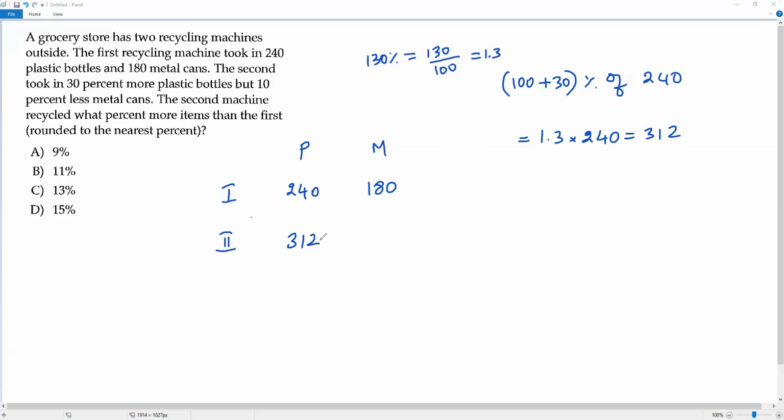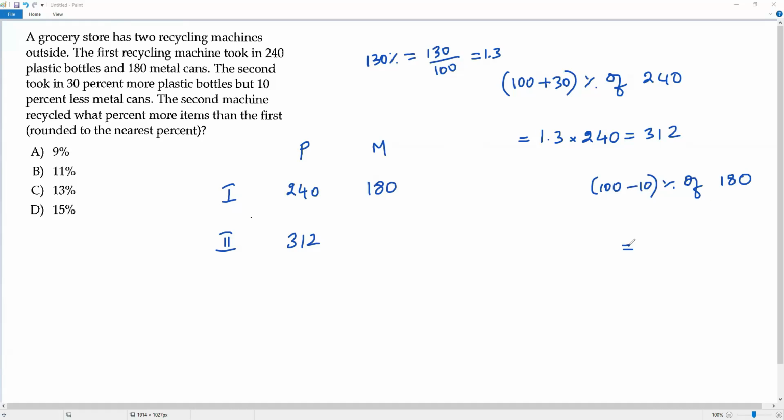Now we have to find the number of metal cans taken by the second machine. We know the number of metal cans taken by the first machine is 180, but the second machine has taken 10% less. That means we subtract 10 from 100% of the number of metal cans taken by the first machine, which is 180. This expression gives the number of metal cans taken by the second machine.